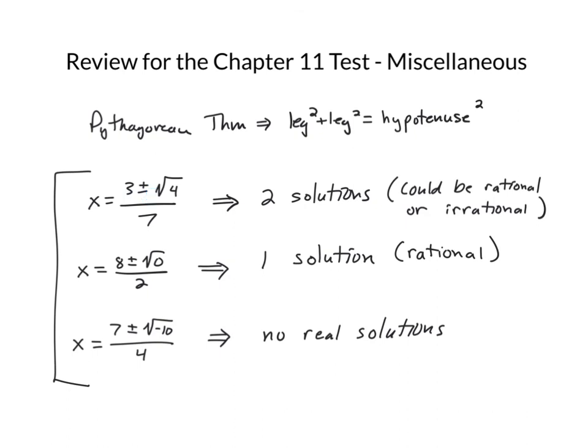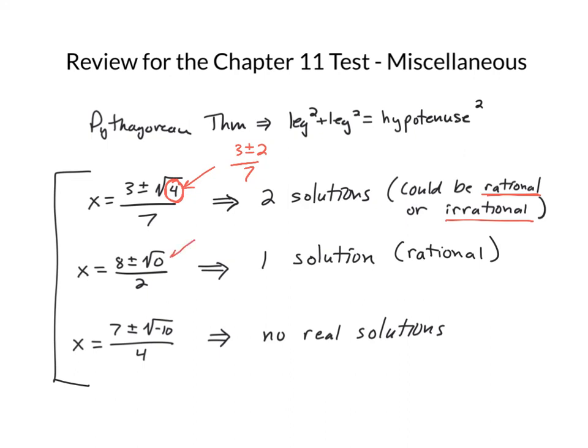And kind of as a bonus, if this is a perfect square, then you're going to get 3 plus or minus 2 over 7, and there are no more radicals. So if this guy is a perfect square, you're going to get rational solutions. If that guy is not a perfect square, then you're going to get a radical in your answer, and then it would be irrational. Okay, moving on.